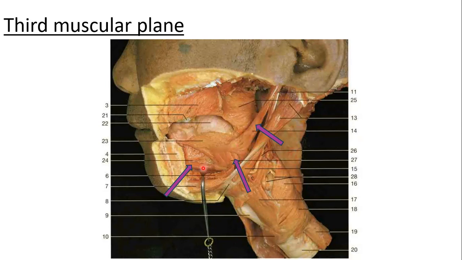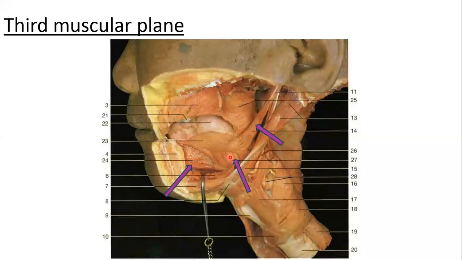All of them are innervated by, for geniohyoid, C1 fibers, which hitchhike on the hypoglossal nerve, okay?